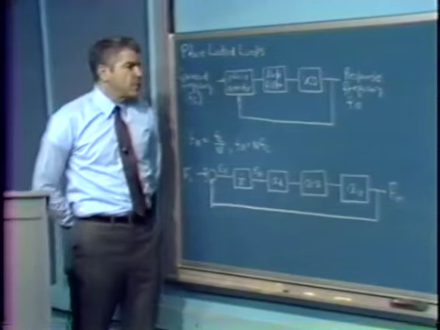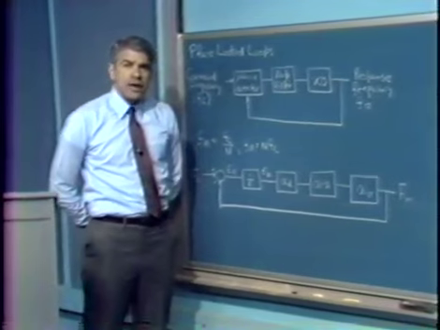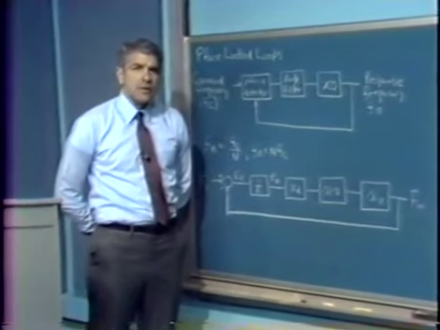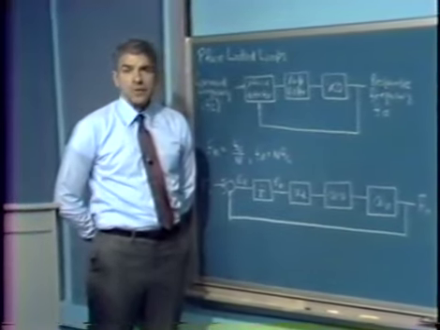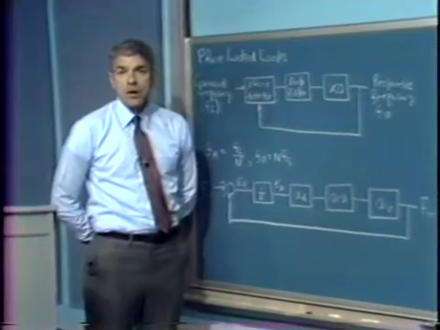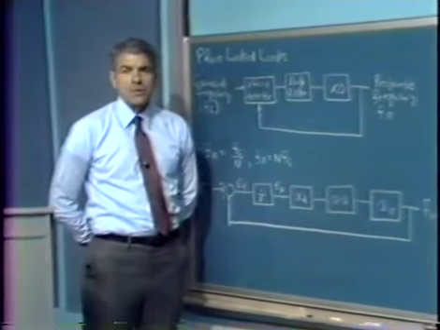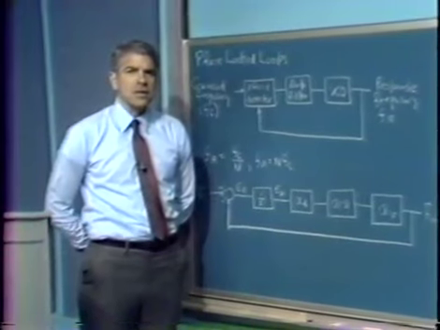In other applications, we use phase-locked loops to recover carriers in, again, communication systems, where we're interested, for example, in generating a carrier or a center frequency locally for use in some sort of demodulation scheme.